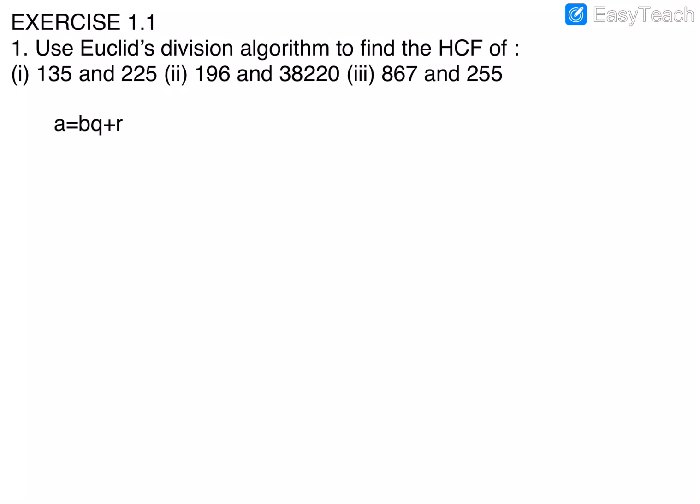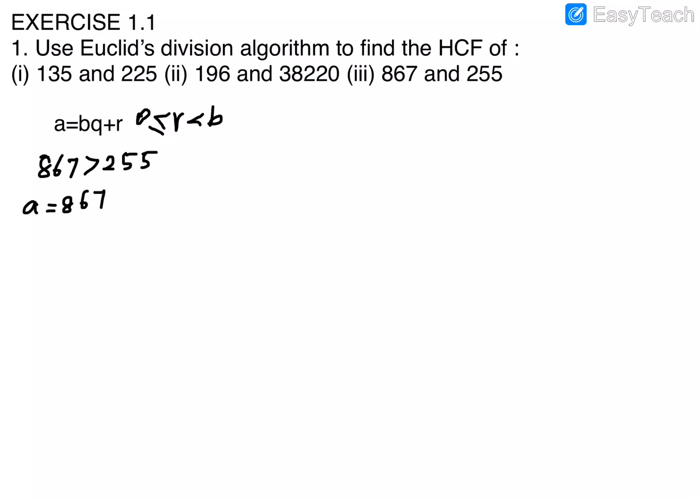Let's do the third one. So write the limit: R is less than B, and greater than or equal to 0. For the third problem, I compare. 867 is greater than 255.